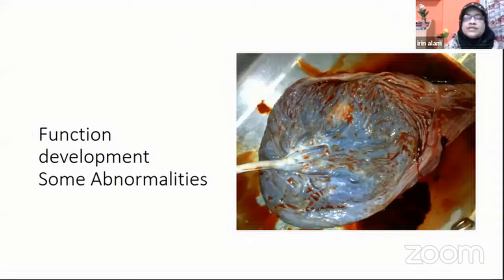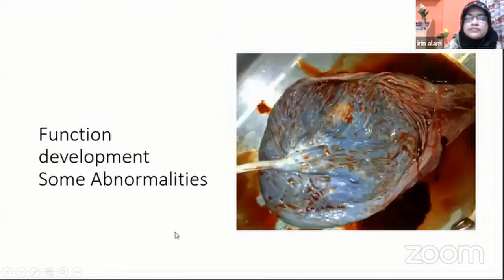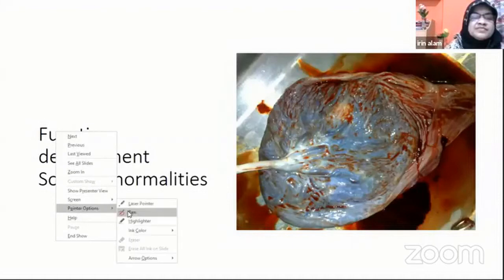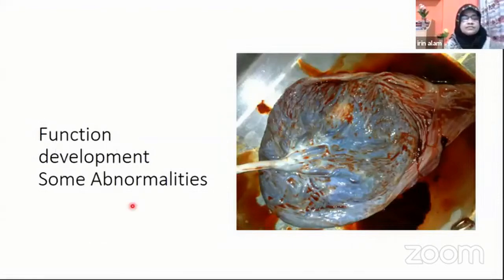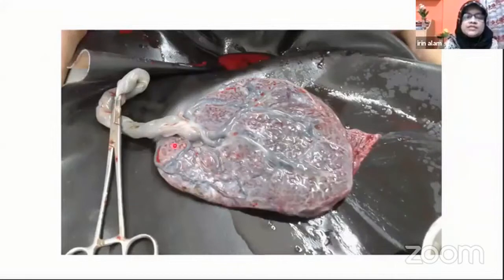This is a picture of placenta with membrane. This is the fetal surface, and placenta has two surfaces. This is the maternal surface, and this is the placenta with umbilical cord.